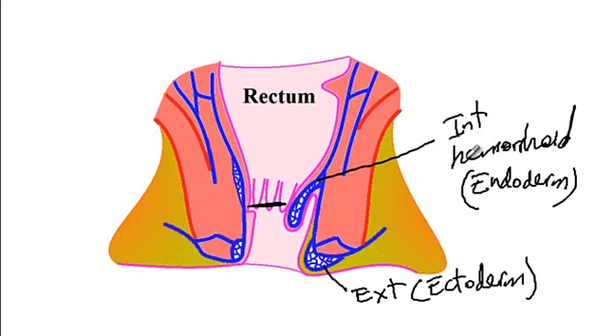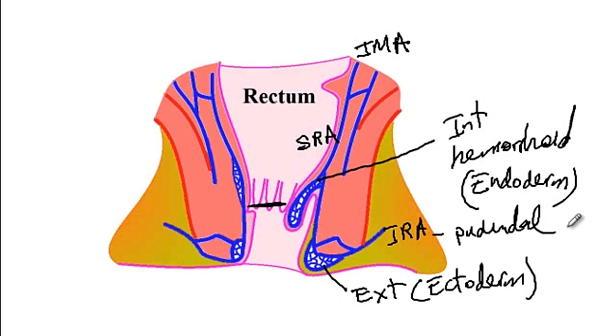Now in terms of the blood supply, the internal hemorrhoid is being supplied by the superior rectal artery, which is a branch of the inferior mesenteric artery, while the external hemorrhoid is being supplied by the inferior rectal artery, which is a branch of the pudendal artery.